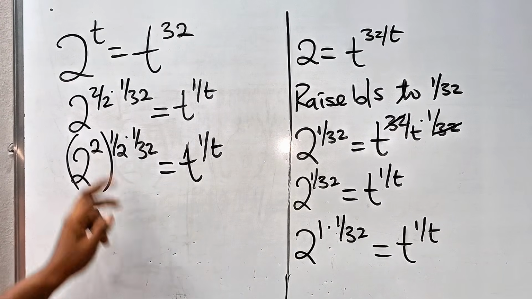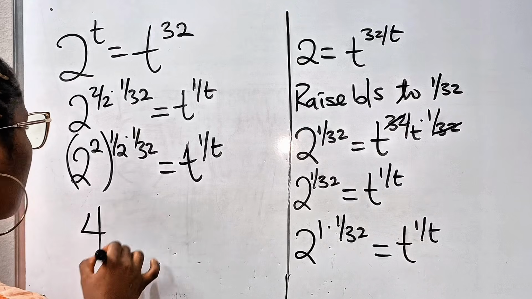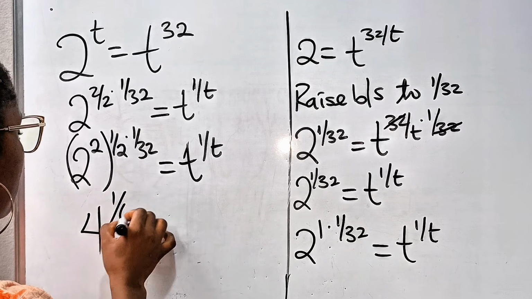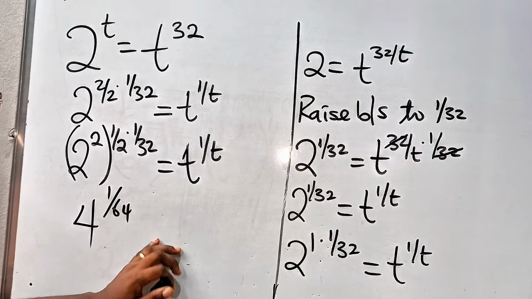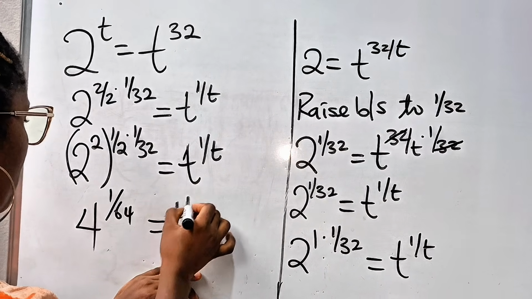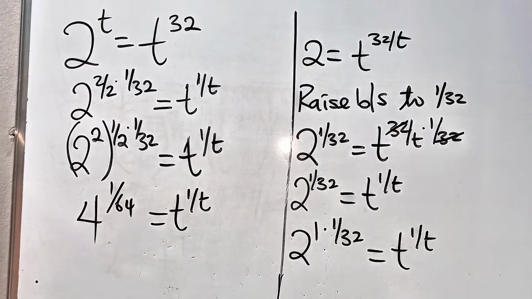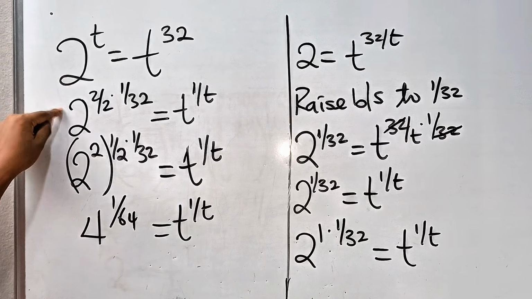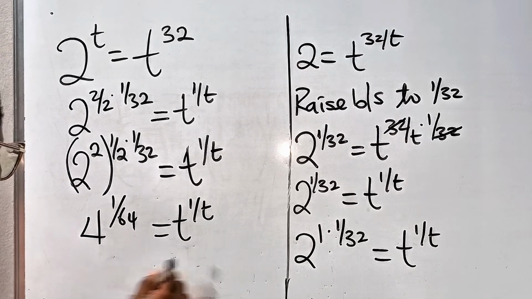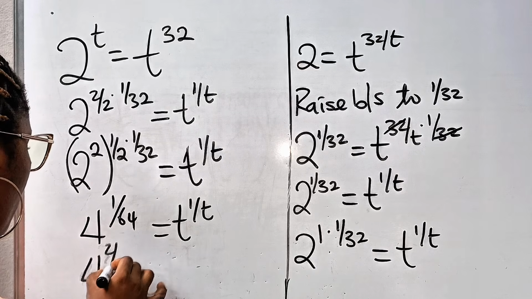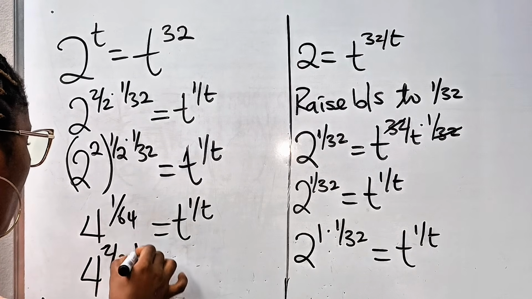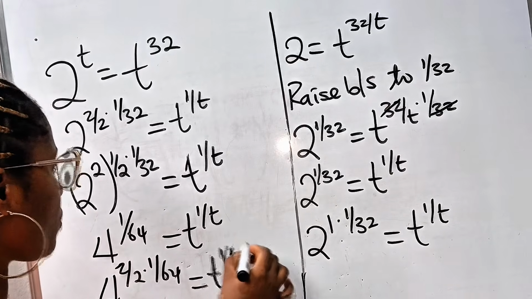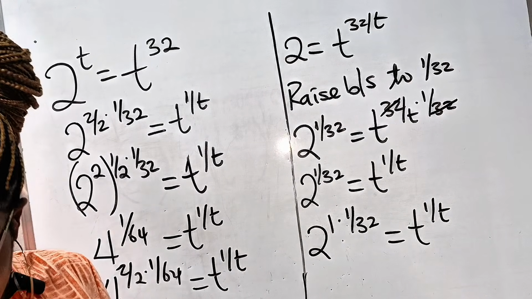Now 2 to the power of 2 is 4. 1 times 1 is 1. 2 times 32 is 64. Is equal to t to the power of 1 over t. So I'm going to repeat what I did here. I'll write this as 4 to the power of 2 over 2 multiplied by 1 over 64 is equal to t to the power of 1 over t.